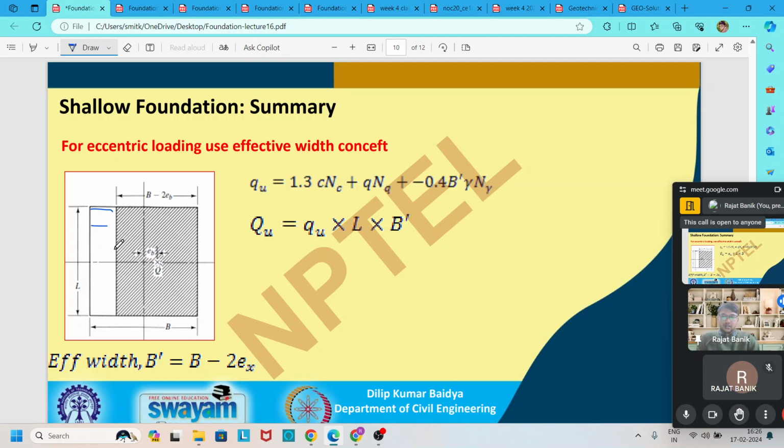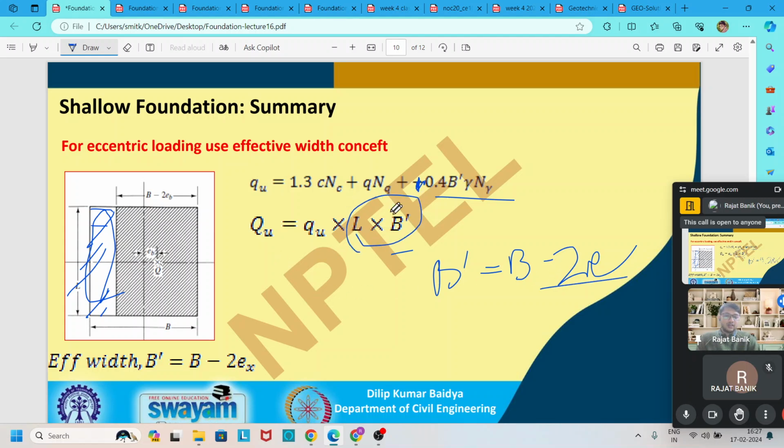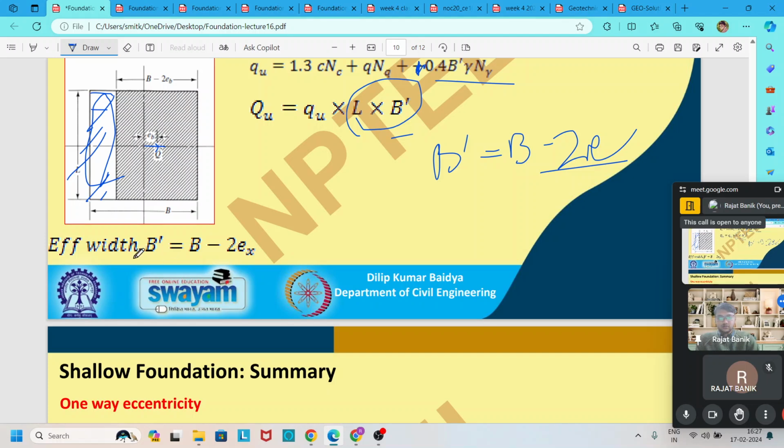So the effective area of our foundation is reduced, and we get a new effective width that becomes B dash. So B dash is B minus 2 times eccentricity, and our new area is L into B dash, if we consider the eccentricity along the width of the foundation. So you see that.